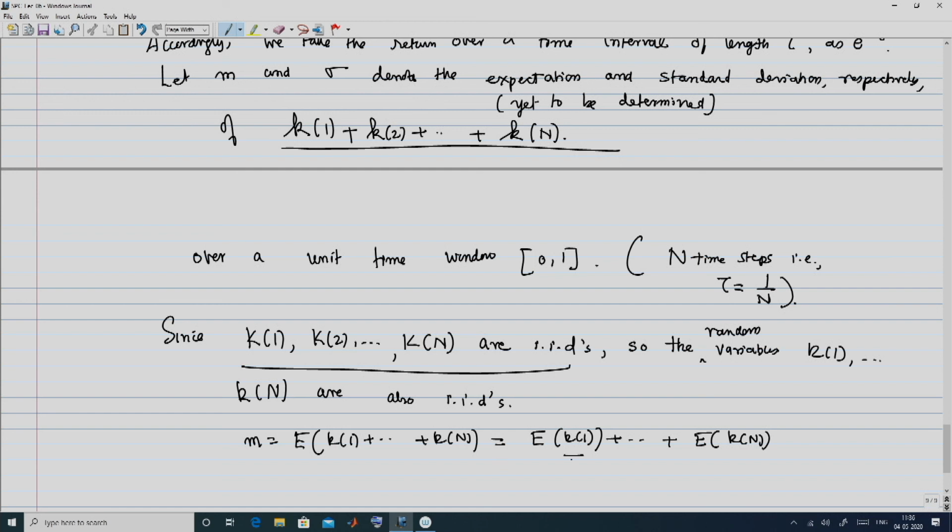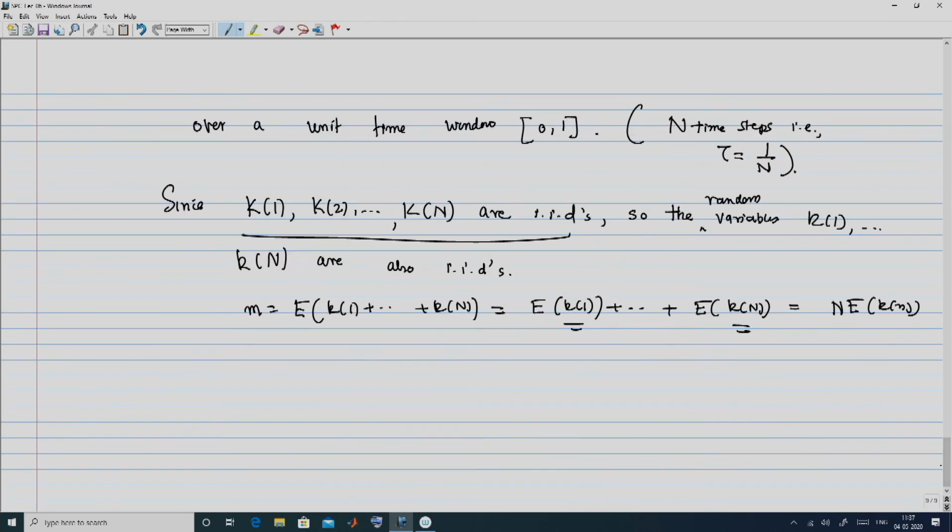And now, since these are all independent and identically distributed, they are going to have the identical mean, say E of some generic kn, and there are n such variables. So, this will be n of E kn.